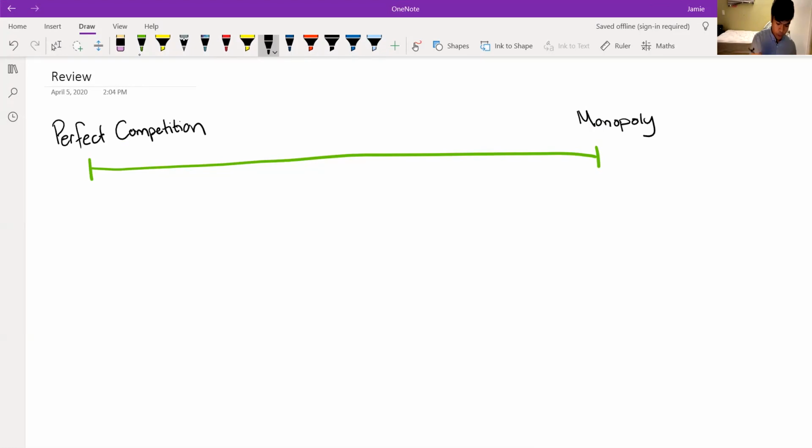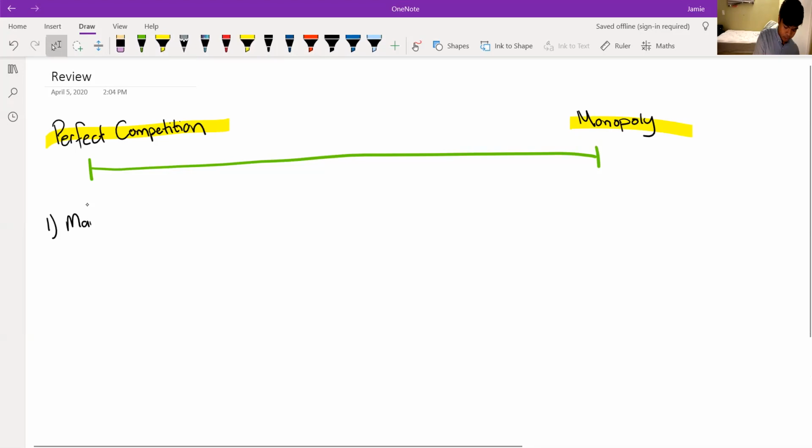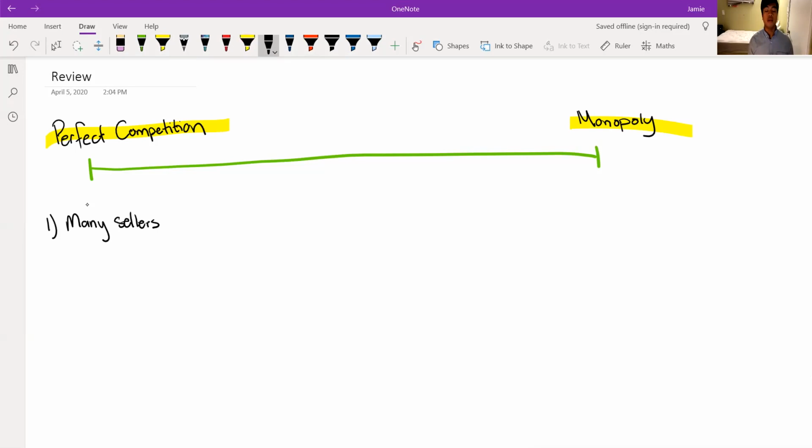Perfect competition, again, is a type of market structure where there are many sellers, and they all sell what's called a homogeneous product.